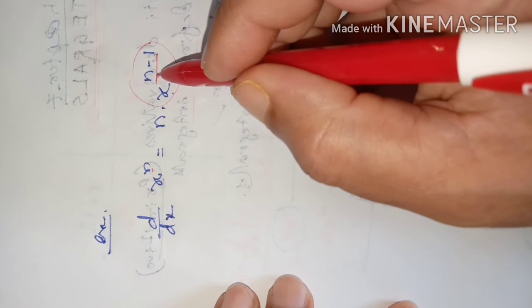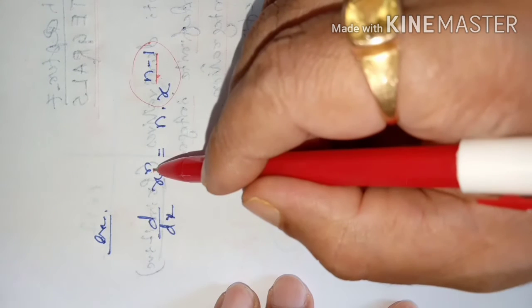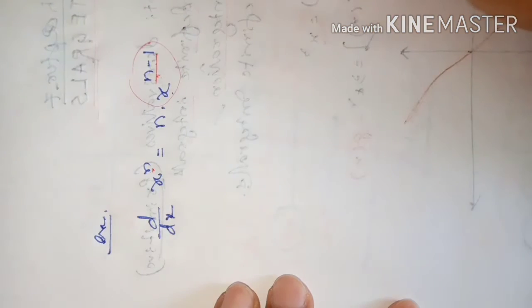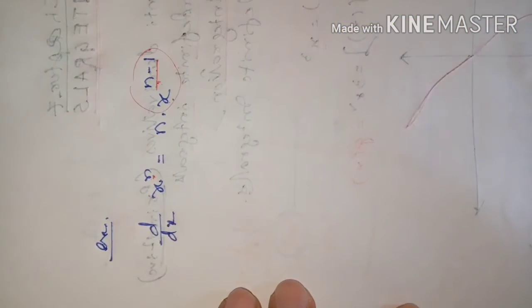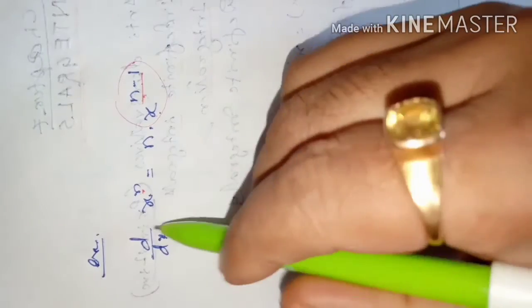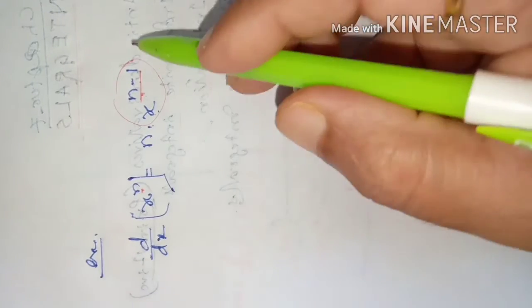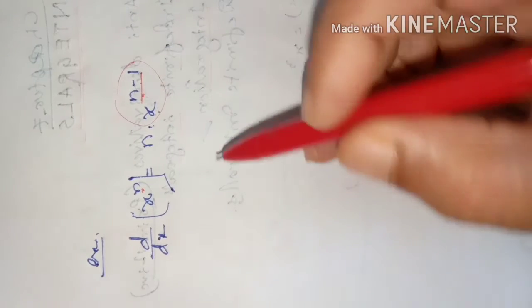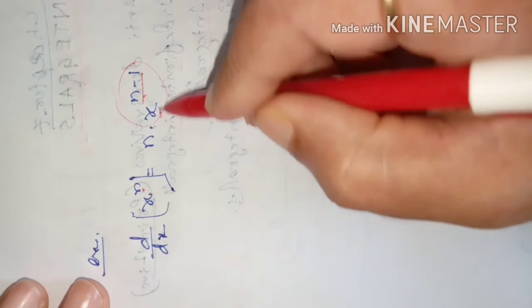Here what is the power? N minus 1. So here the power is n. So here the power of this x is n. Now d by dx of x to the power of n is n times x to the power of n minus 1. Now if we write the antiderivative of this n times x to the power of n minus 1, you just compare the variable here, x.